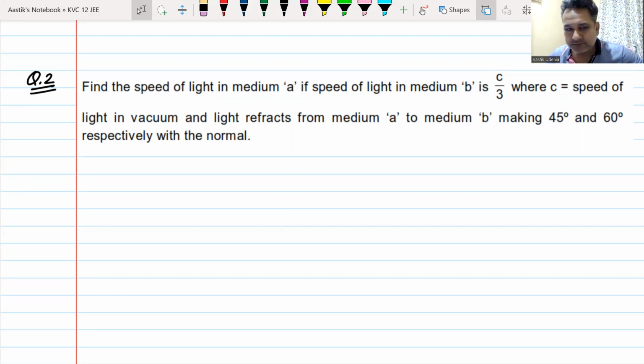C root 2 by 9 meter per second. Not meter per second, I was not talking about the unit.